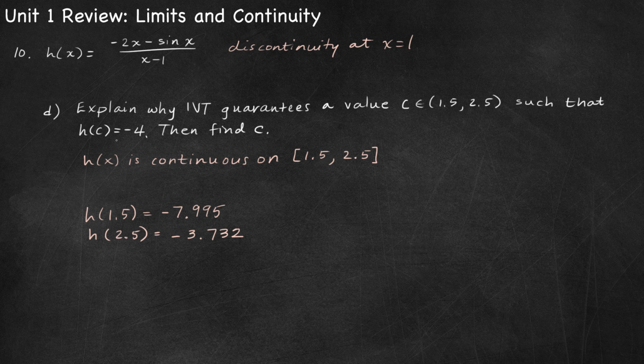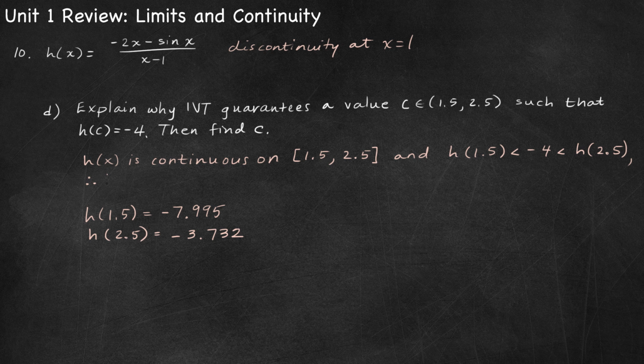Now our y value in question, the h of c value we're looking for, is negative 4, and that is in fact between negative 7.995 and negative 3.732. So I'm going to add that up here to the end of the statement I started to write. h of x is continuous on the closed interval 1.5 to 2.5, and h of 1.5 is less than negative 4, which is less than h of 2.5.